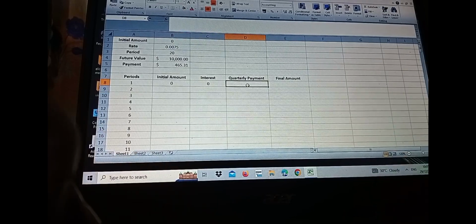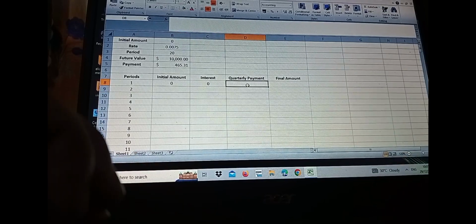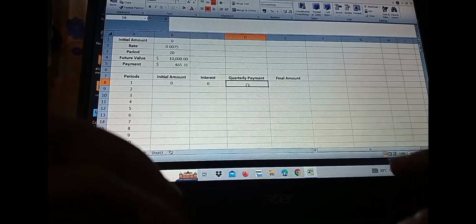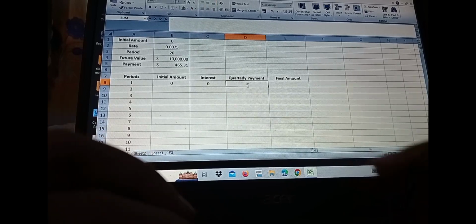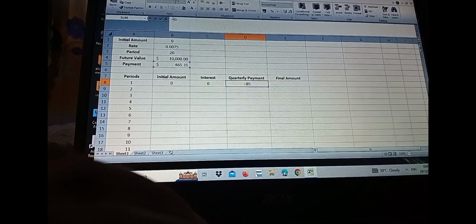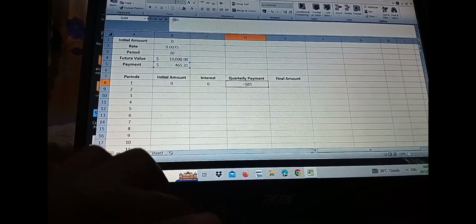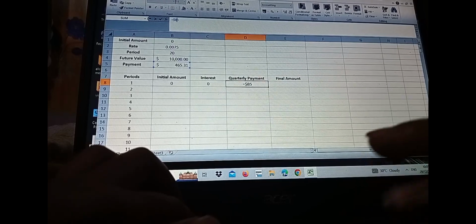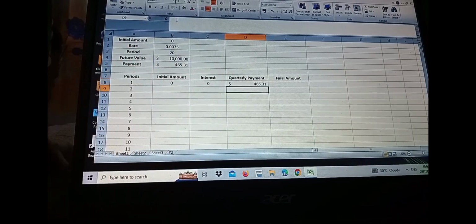So 0.0075 times 0 is equal to 0. For the quarterly payment, we should put an equal sign, and then click the payment, and then put a dollar sign before and after the letter of the payment. So we put a dollar sign here, and then just click enter.